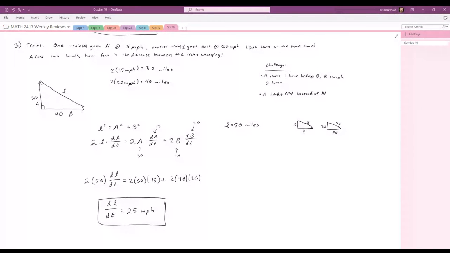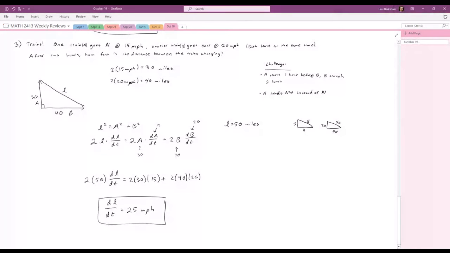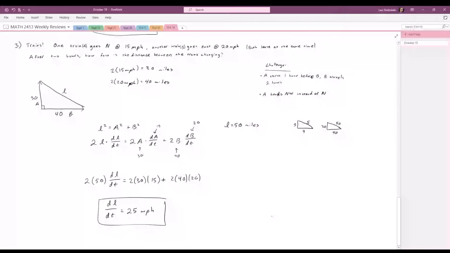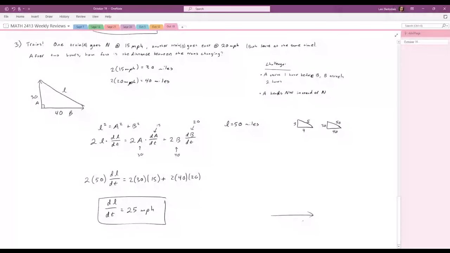All right. So now let's take a quick look at how you might want to set up the problem where train A is heading northwest instead of north. So again, we're actually going to want to draw out a picture. We have train B, it's going this way at 20 miles an hour.